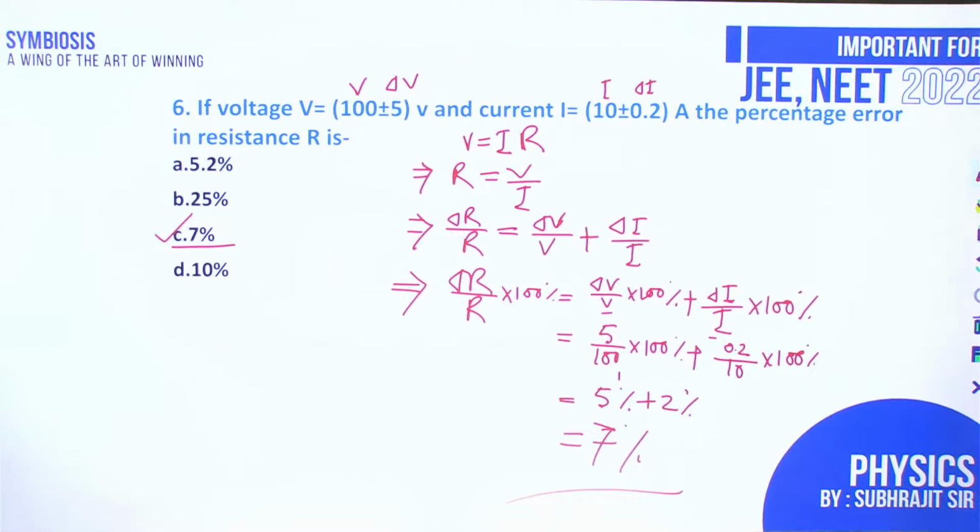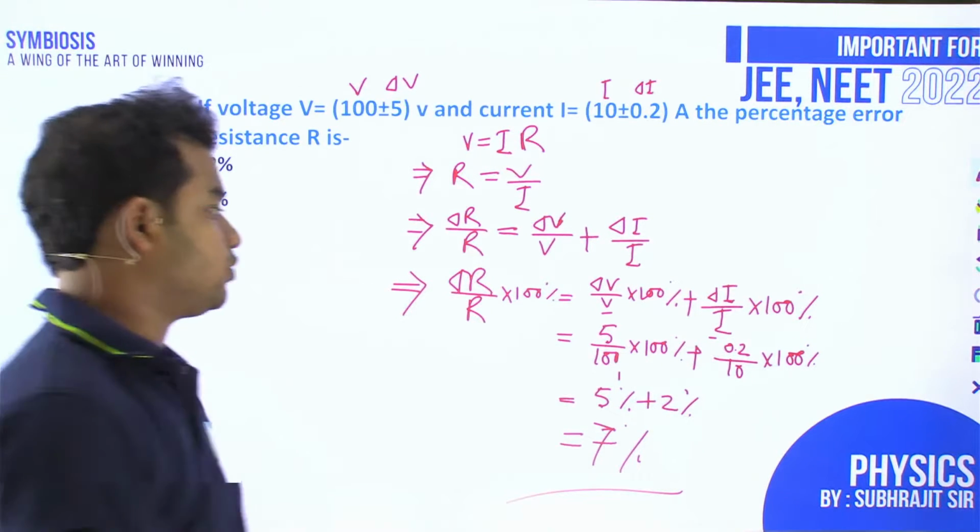So the percentage error in resistance R is 7%, and the correct option is option number C. Got it everyone? Now move on to the next question.